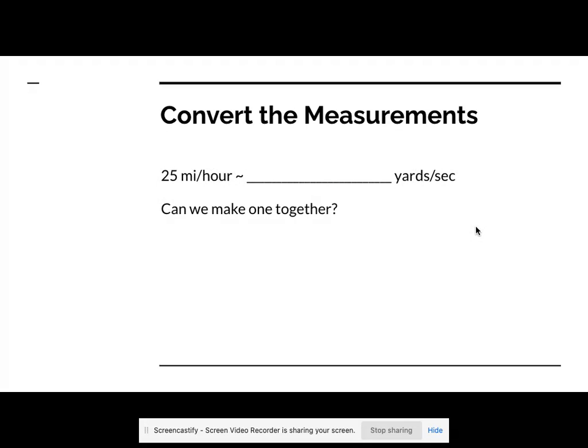On the last example, if I have 25 miles per hour, 25 miles in 1 hour, I want to know yards per second. Well, I need mile here to be able to cancel it out, and I know that there are 1,760 yards in 1 mile.